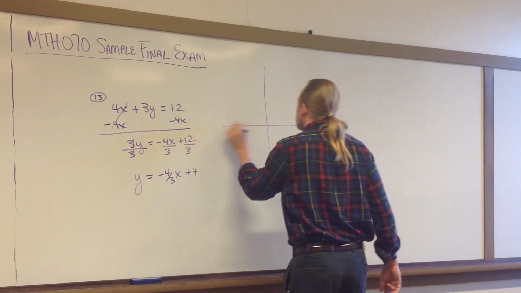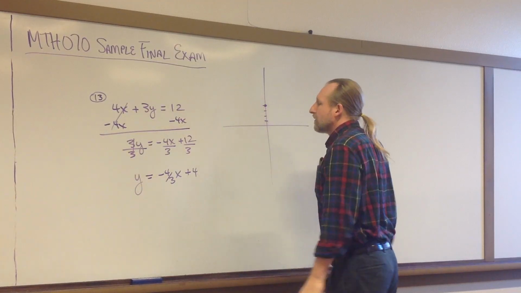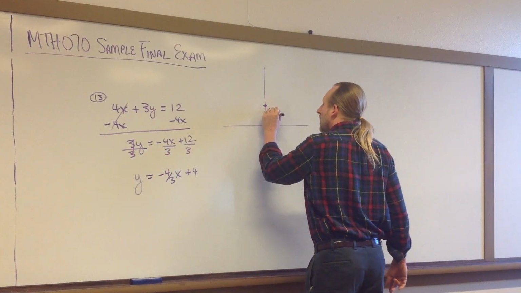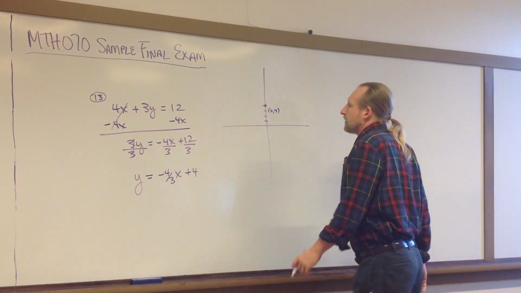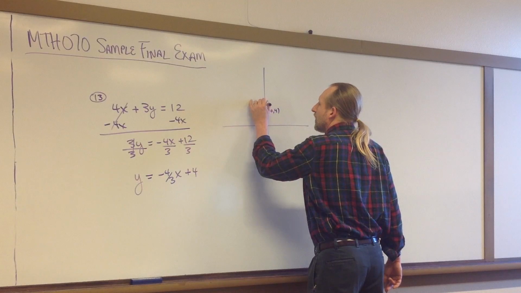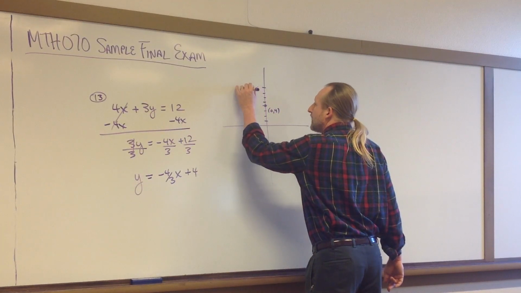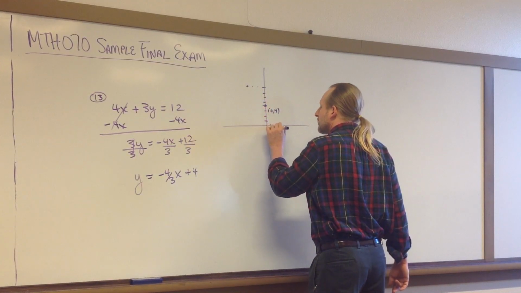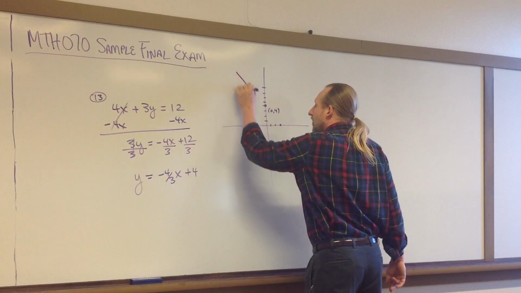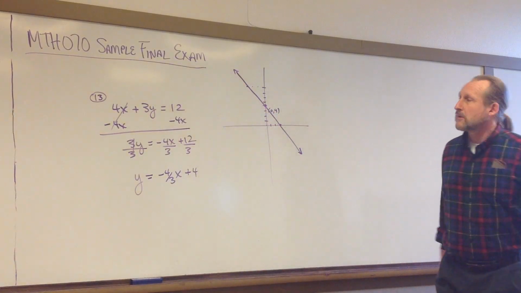All right, so that tells us the y-intercept is at 0, +4. And then the slope here is -4/3. So I can go up 4 and to the left 3, or I can go down 4 and to the right 3. And there's the line.